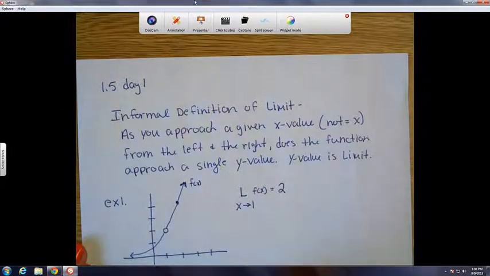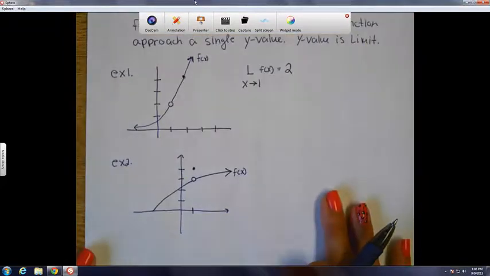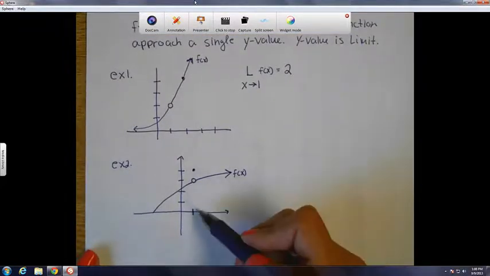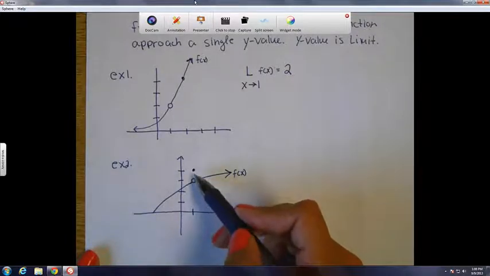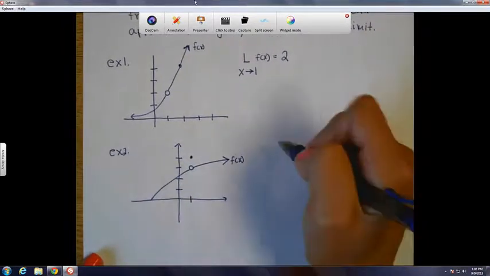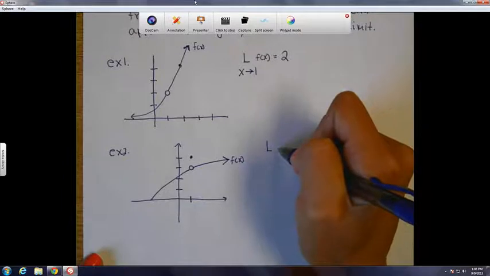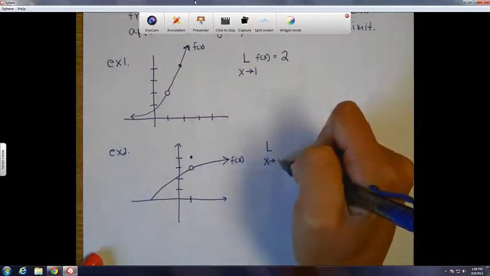And then we'll have this graph scoop through here. Didn't show you any of that, I don't think. So that was 1 to 4, open circle at 1, 3, filled in at 4. And now my question is, is there a limit as x approaches 1 of f of x?